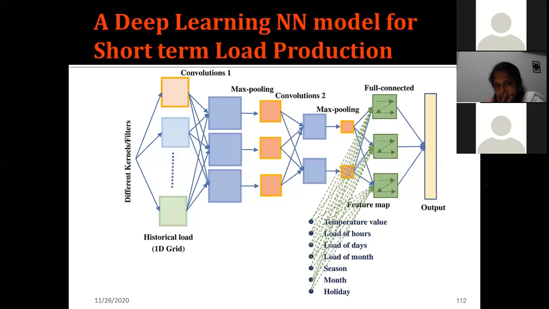Then for short-term load prediction, there is a deep learning neural network model which has been developed, but it needs the past information, the historical load, and a few features whatever we record: temperature, load of hours, load of days, load of month, season, month, holiday.